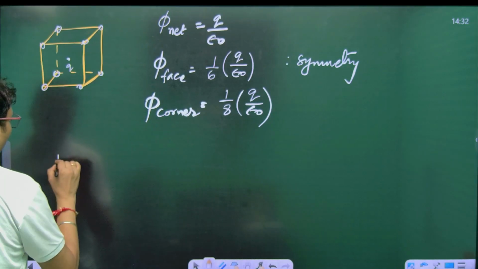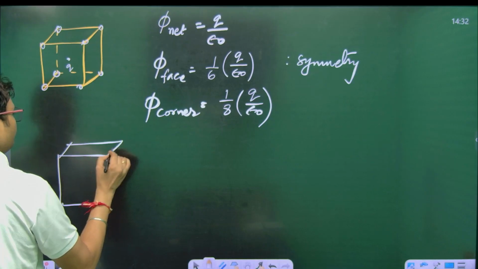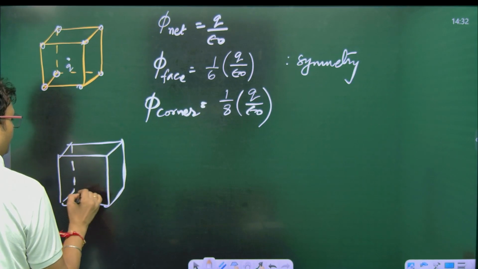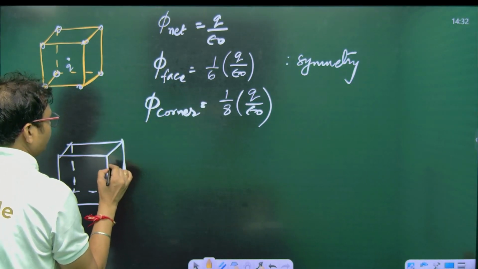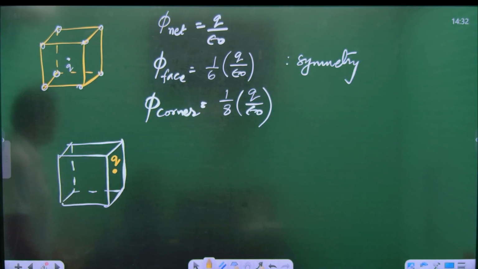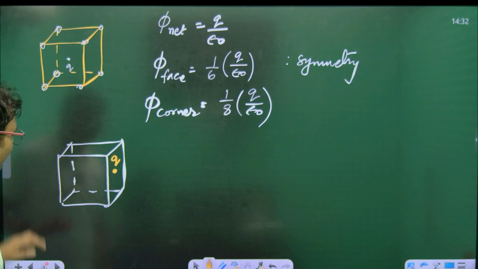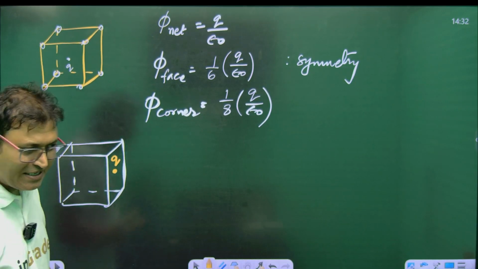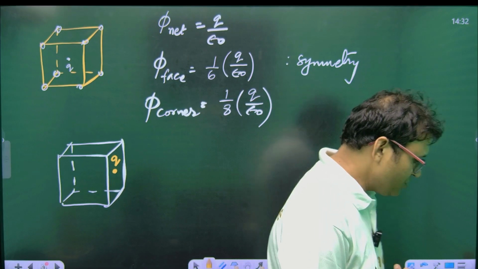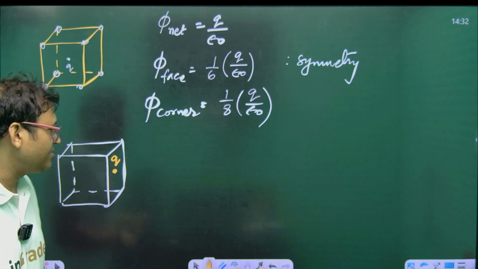There is another example. Look, there is a cube and the charge Q is placed on one face of the cube. Then the charge is not enclosed by the cube. What we need to do is to make the enclosure, because Gauss law is applicable only to the enclosure which is enclosing the charge.